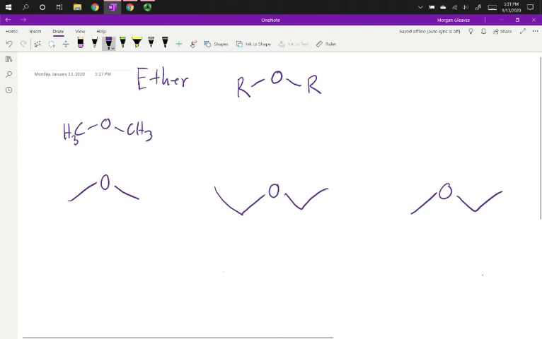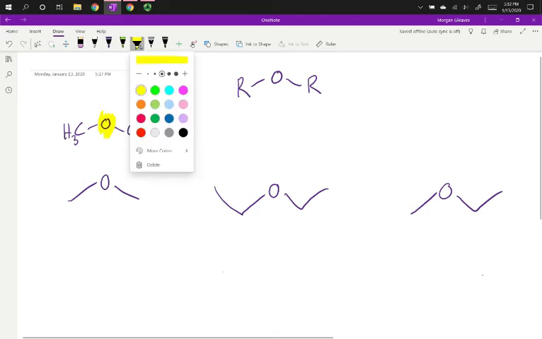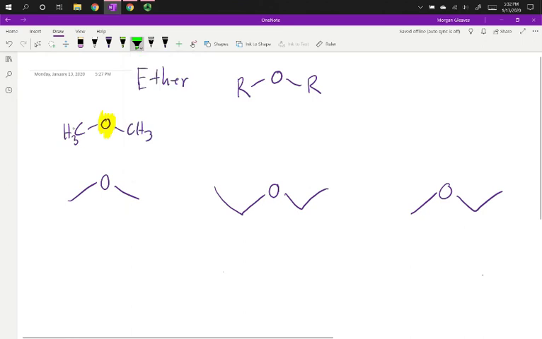Instead, it just used the functional group name. So these weren't dash anything. They were just ether. And then you would tell what was attached to the oxygen. And so in the old system, it was, hey, I have an oxygen acting as an ether. What's attached to it? Oh, a methyl and a methyl. So it was two methyls.